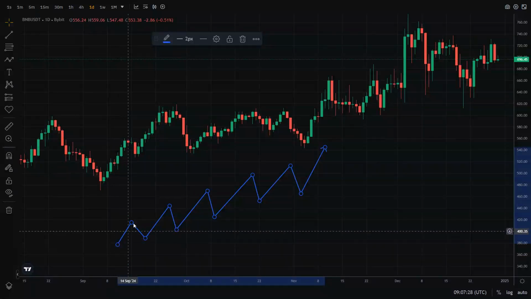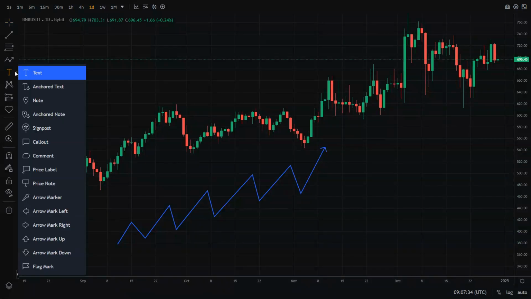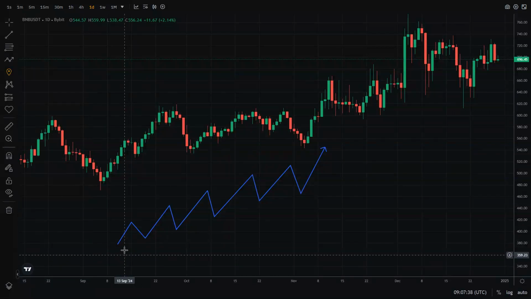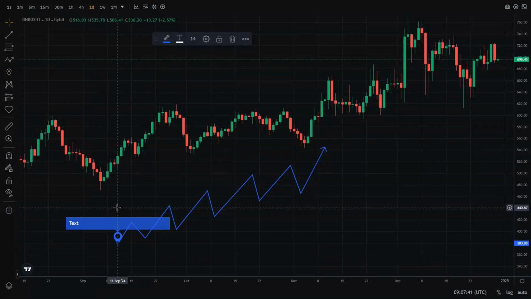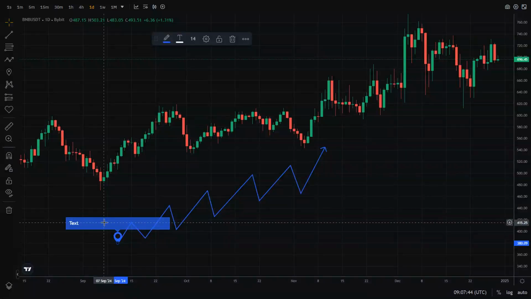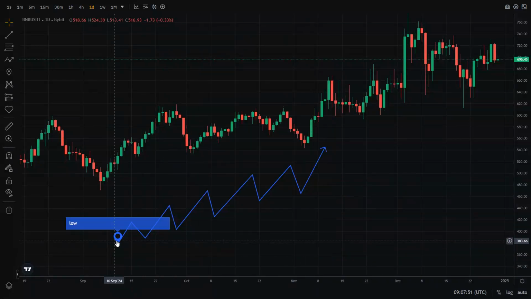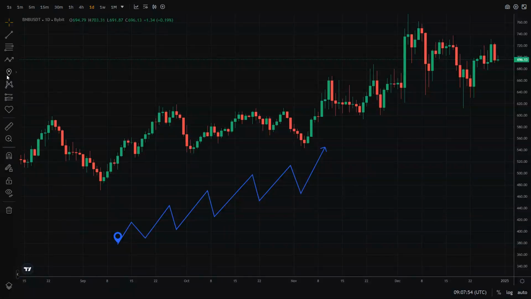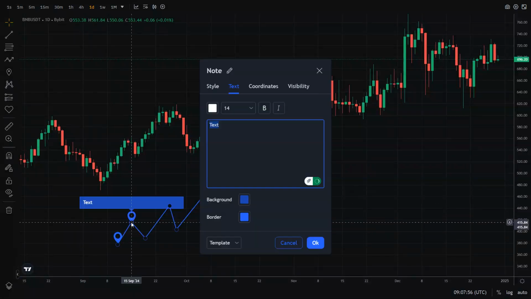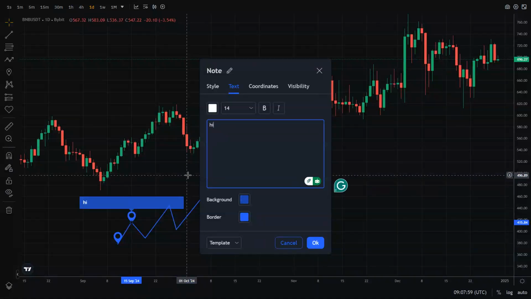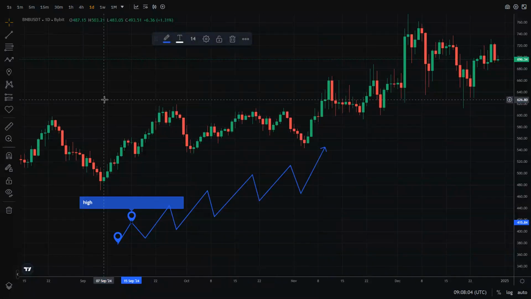This is a high. So we tag it as low, and we tag this as high. Now we'll be using LL and something like that.